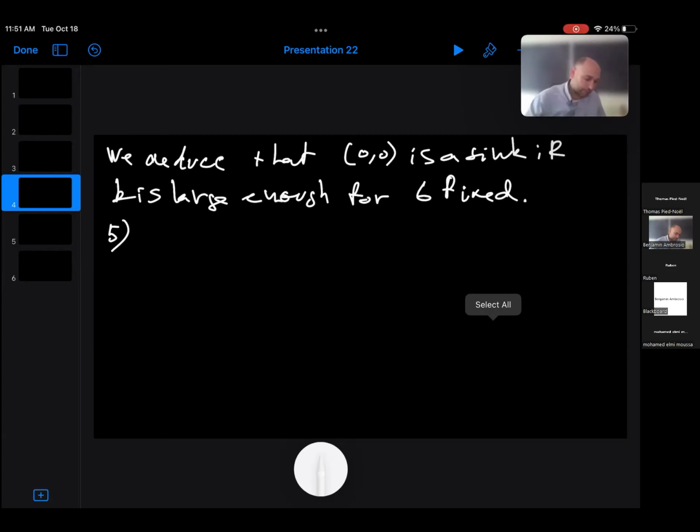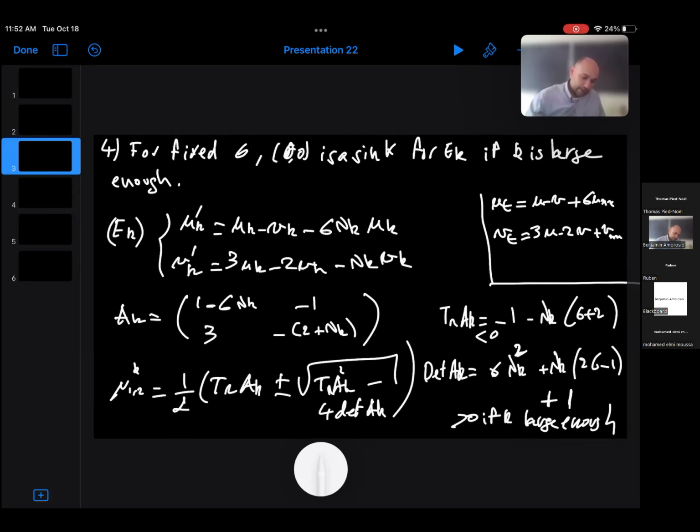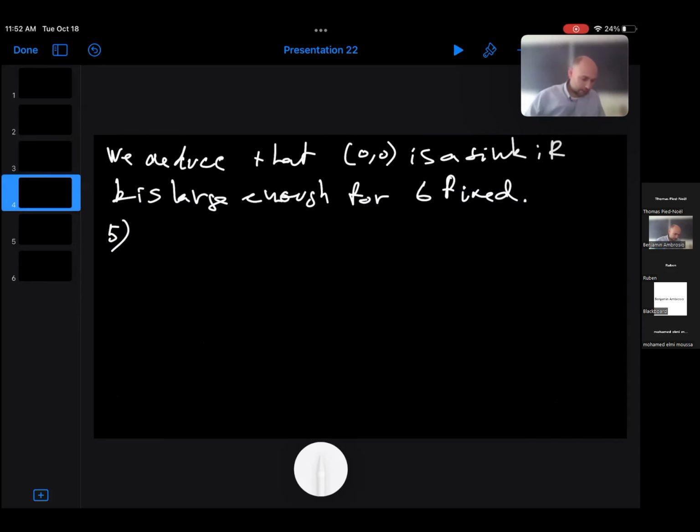So I will write Ak again here. We had Ak equals 1 minus sigma lambda k, minus 1, and here 3 and minus 2 plus lambda k.